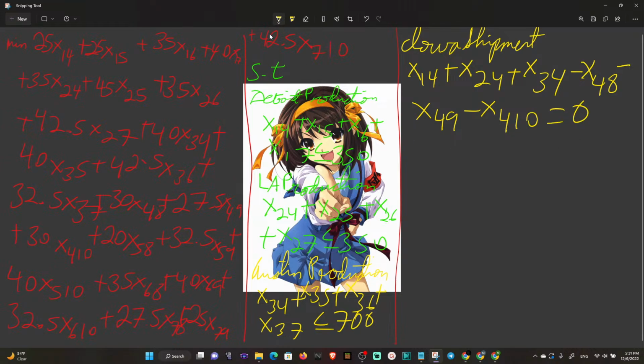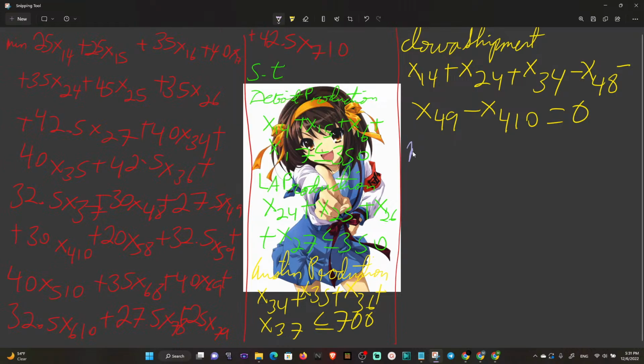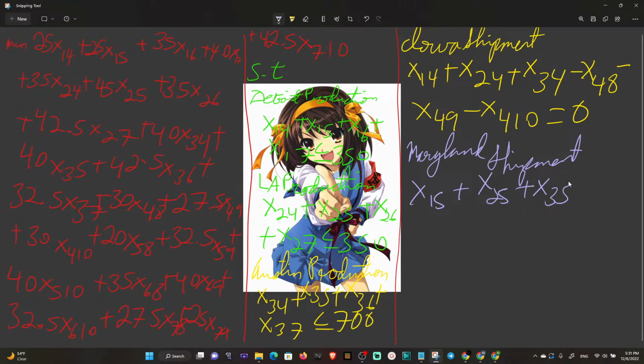Then we have the Maryland shipment: x15 plus x25 plus x35 minus x58 minus x59 minus x510, and that'll be equal to 0 because we're trying to get it down to 0.